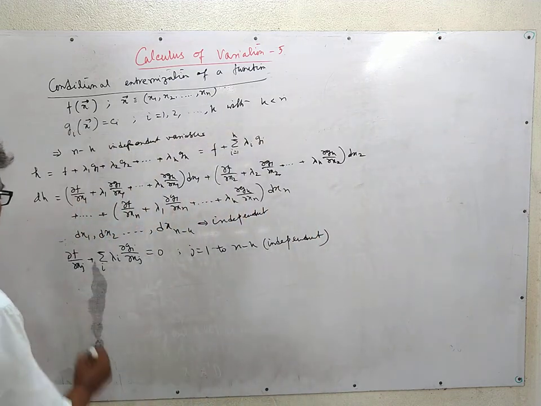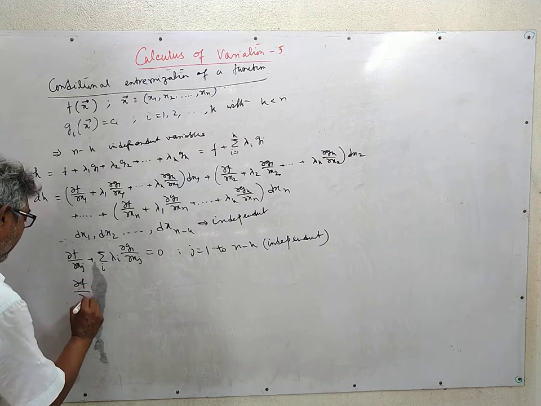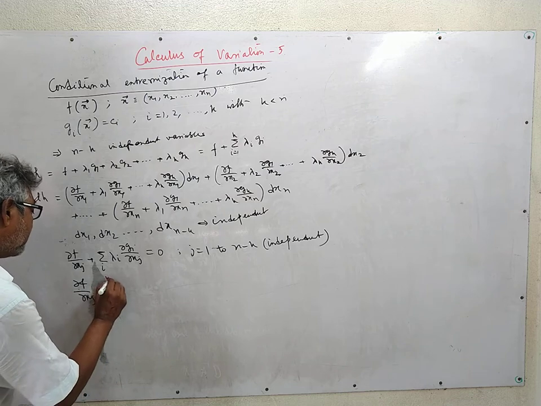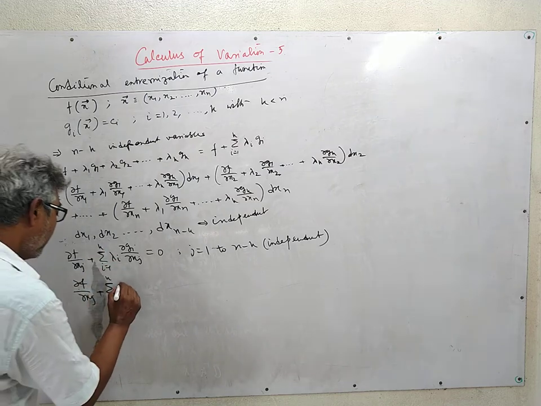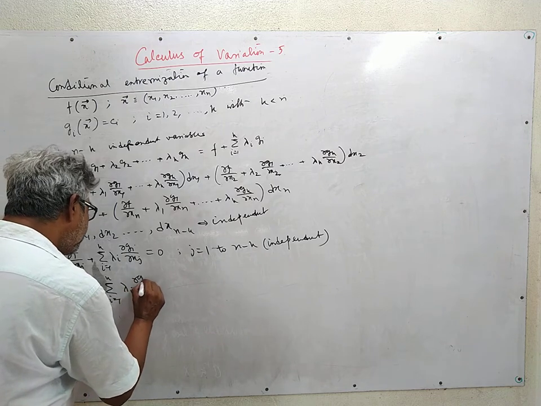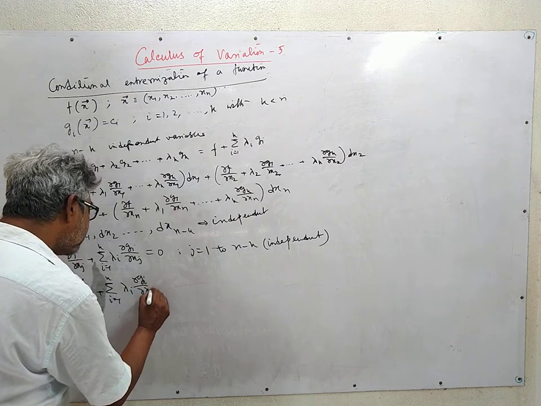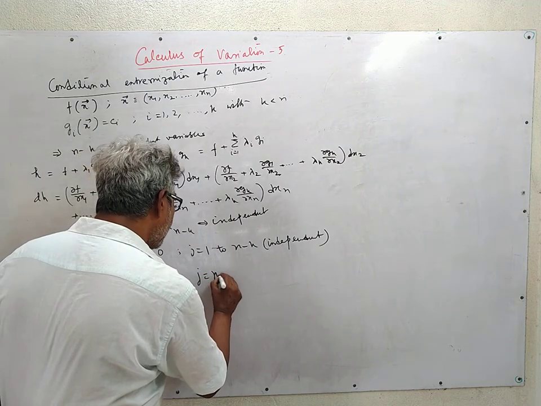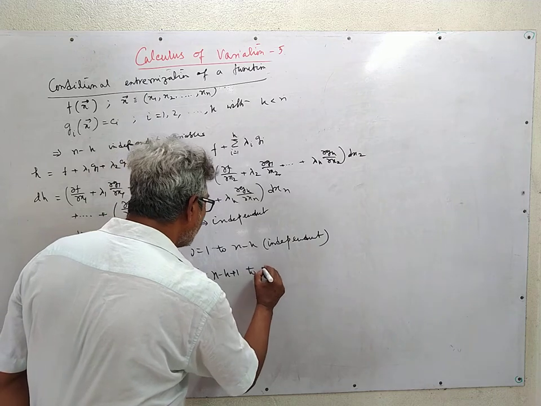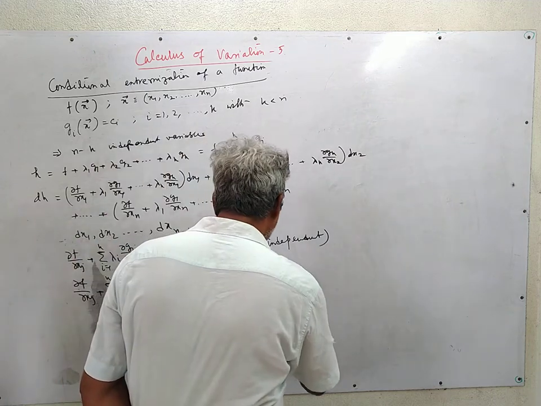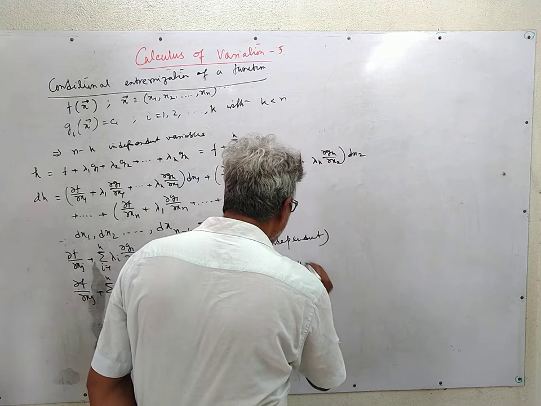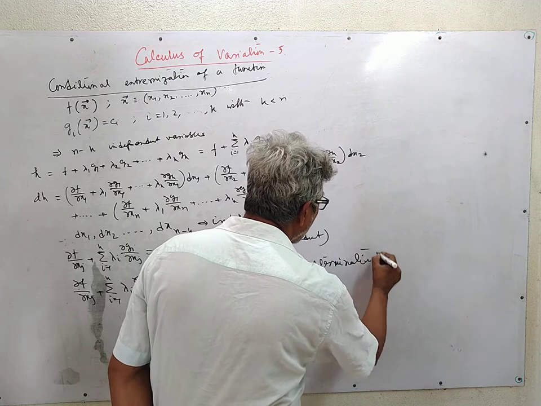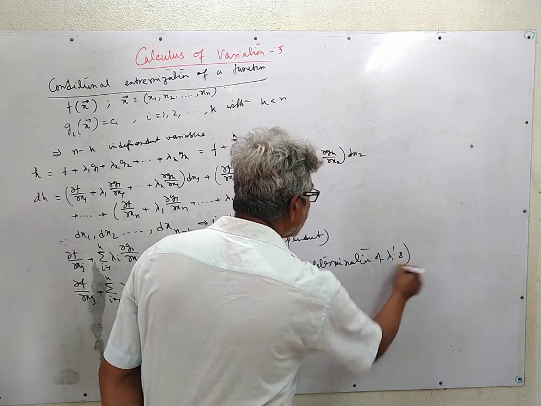And the rest of the equations, del f del xj plus summation over i from 1 to k of lambda i del gi del xj, are set equal to 0, with j ranging from n minus k plus 1 to n, for the determination of the lambda i's, which are k in number.